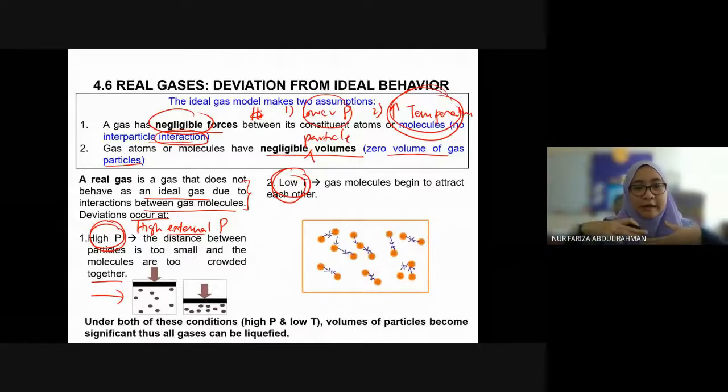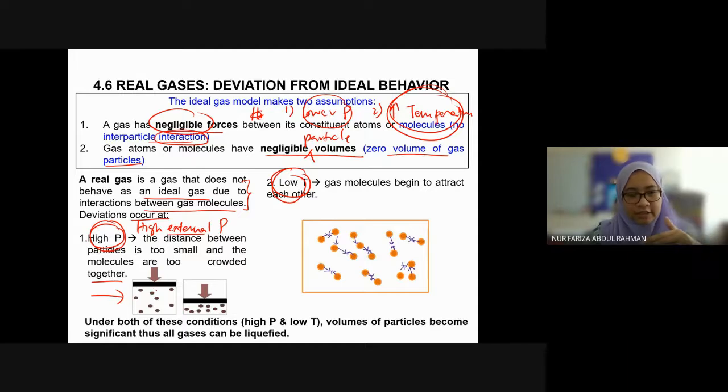We are the ones who make the pressure become high. The reason the pressure is high is that we compress. Imagine we compress the piston, we push down the piston. So what will happen? The space between them decreases, it becomes smaller.